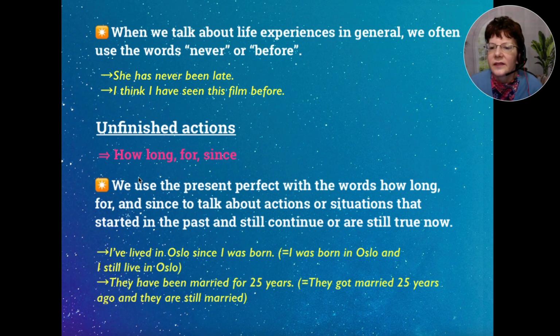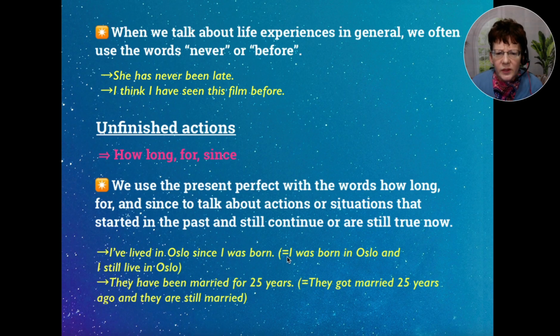All right, let's talk about unfinished actions using how long, for, and since. So we use the present perfect with the words how long, for, and since to talk about actions or situations that started in the past and still continue or are still true now. For example, I've lived in Oslo since I was born.